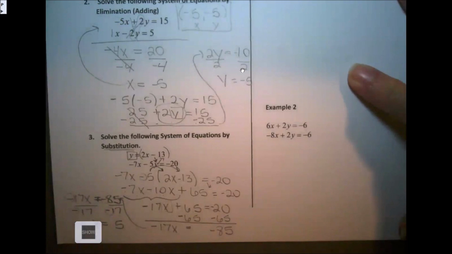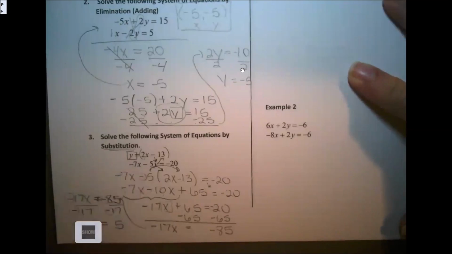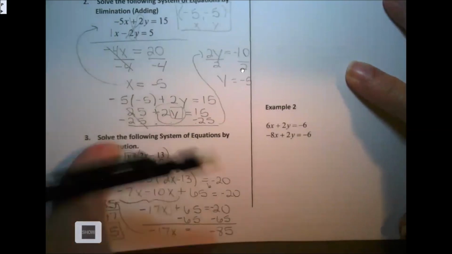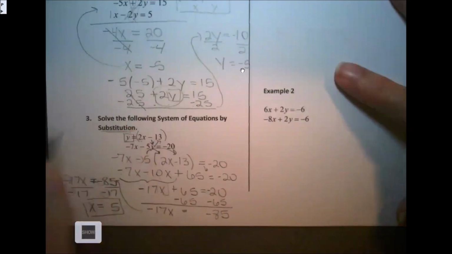Now are you done at this point? Not quite, because you've got to take this 5 and plug it back into this equation. So I got my first part of my answer. Now I've got to plug it in to here. All right, so I'm going to slide this up just a tad bit. So I'm going to take this x equals 5 and plug it in for here.